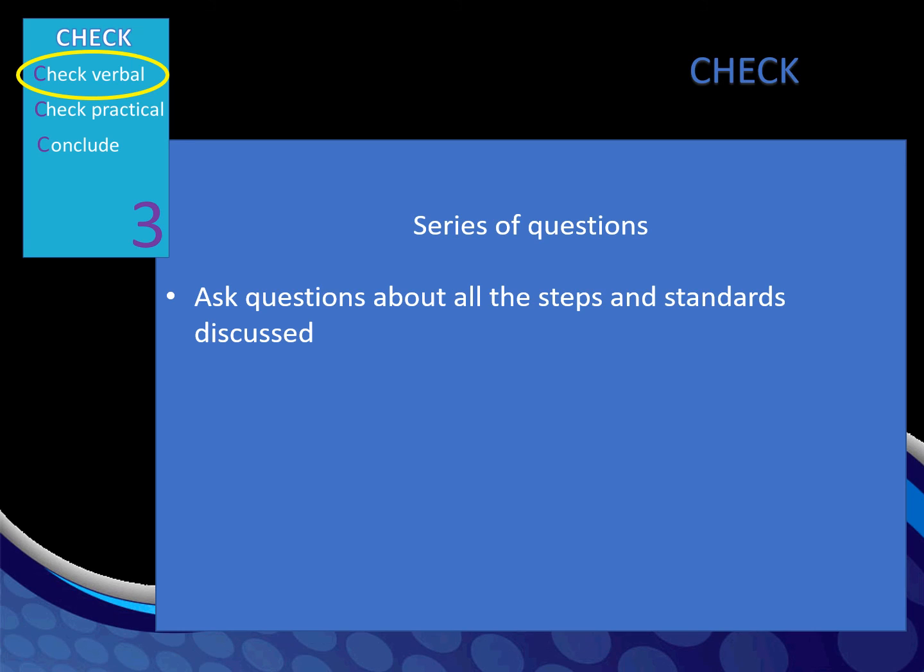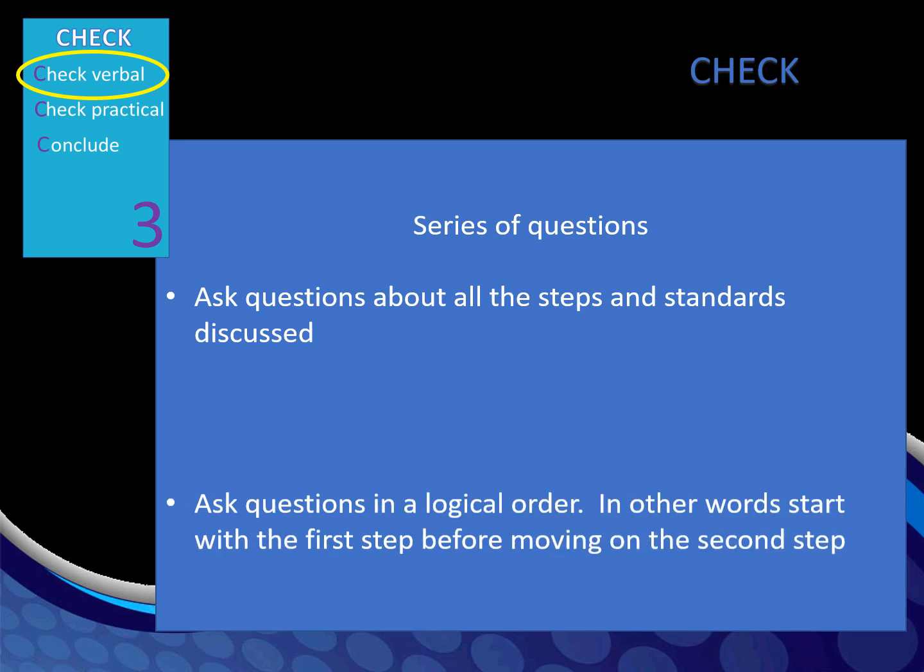Stage 2, 11. Stage 3, between 11 and 15. Stage 4, 3. So just by counting those, you cannot have less than 25 questions. You will definitely have more. Do not skip a step and do not skip a standard.